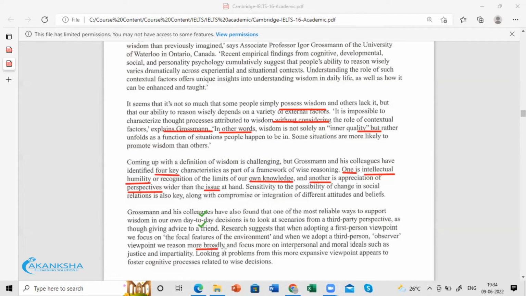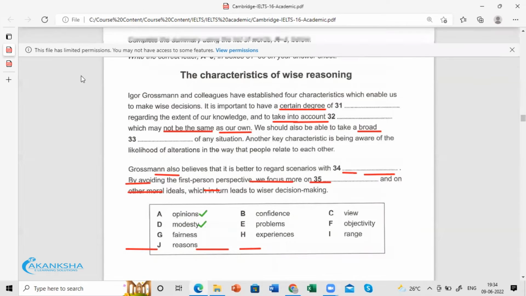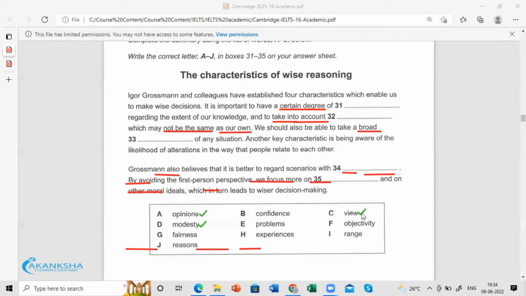Yeah, here. Yes, sir. More broadly. More broadly and focus more on interpersonal and moral ideas such as justice. So it's a viewpoint, we reason more broadly. So what's the synonym that we have here for viewpoint? View, sir. Yes, exactly, that is view here.